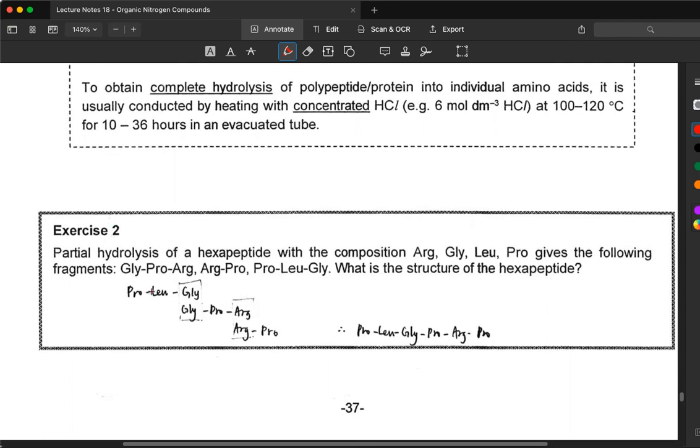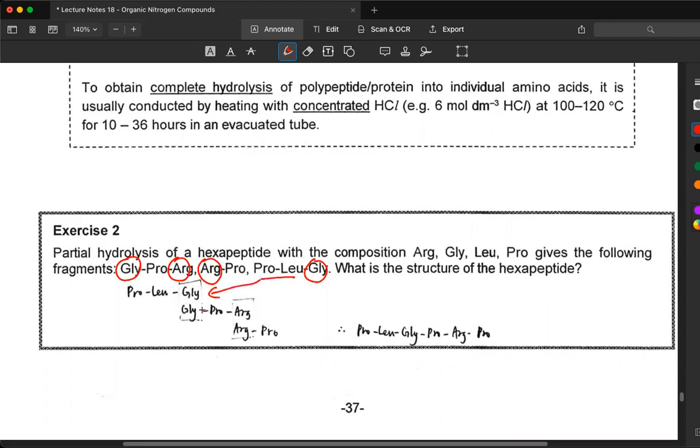This one is common, Pro. Not really, because Pro has one in the middle, right? So you will take Pro, this one, to here.